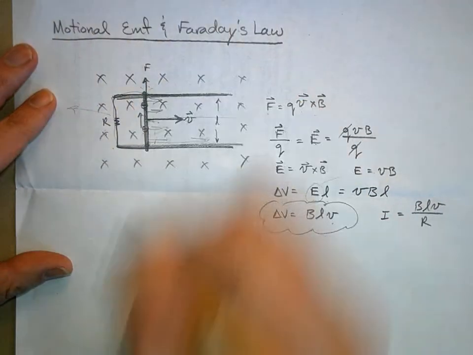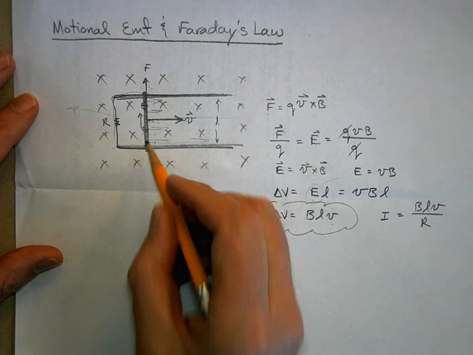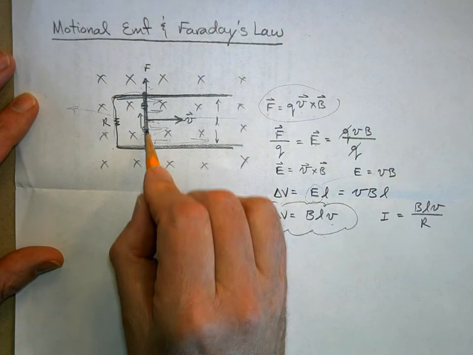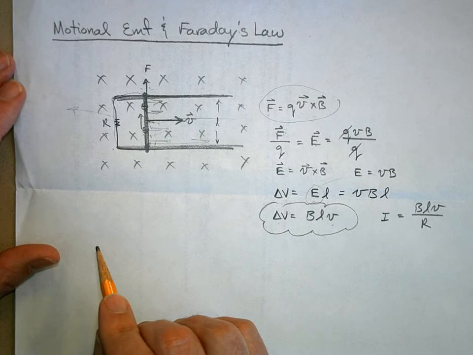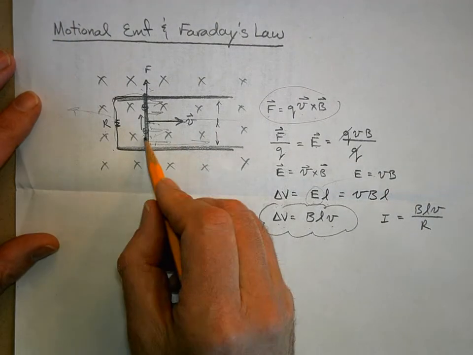Look, I got a current right there, right? This magnetic force right here is forcing charges to move upwards. So that gives me a current. Well, now I've got a current in a magnetic field.